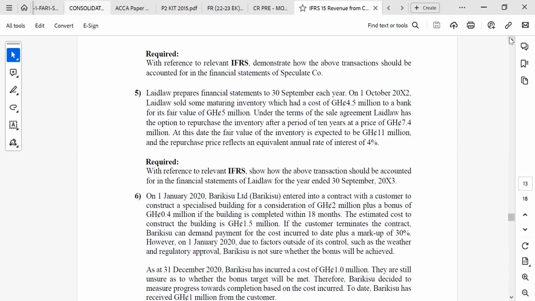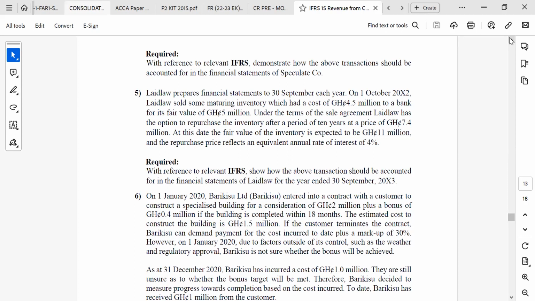At this date, the fair value of the inventory is expected to be 11 million. Annual rate of interest of 4%. Required: with reference to the relevant IFRS, show how the above transaction should be accounted for in the financial statements of Laidlaw for the year ended 30 September 20x3.